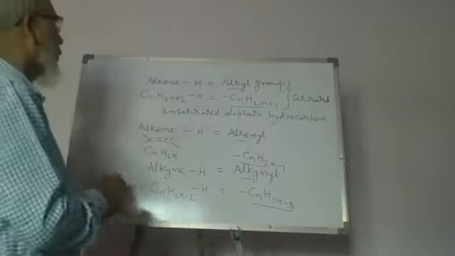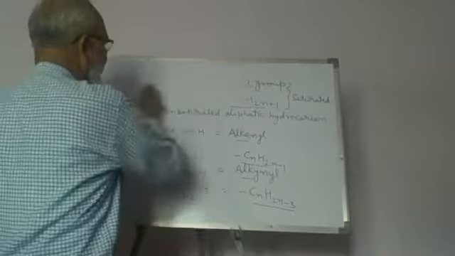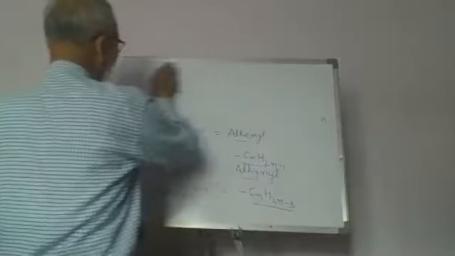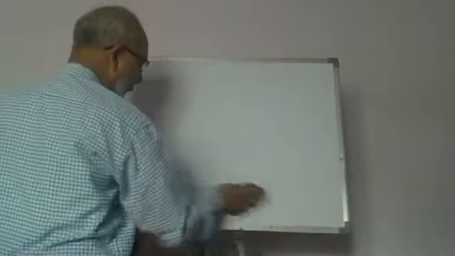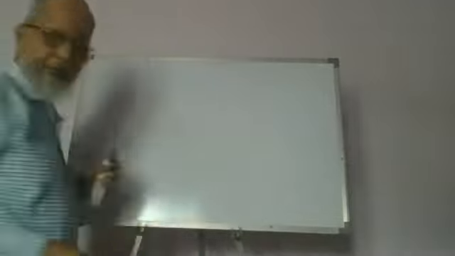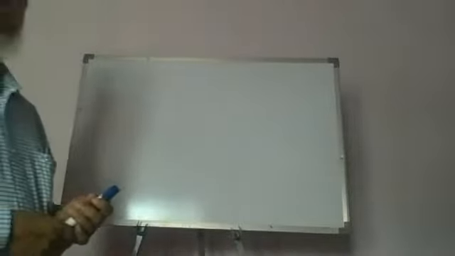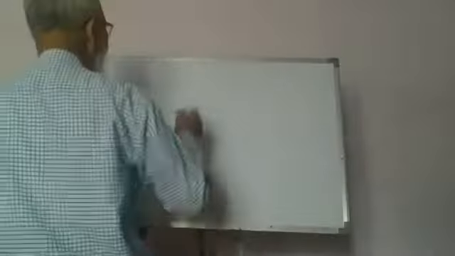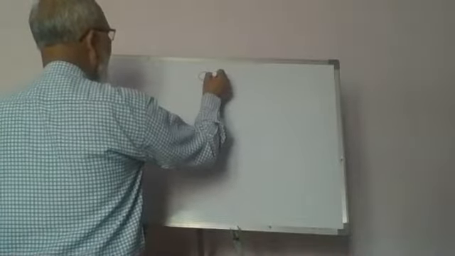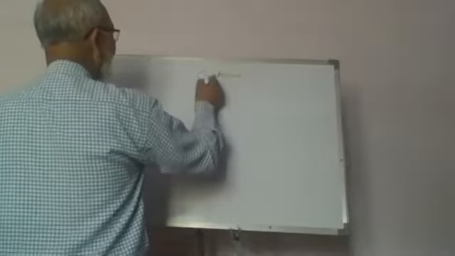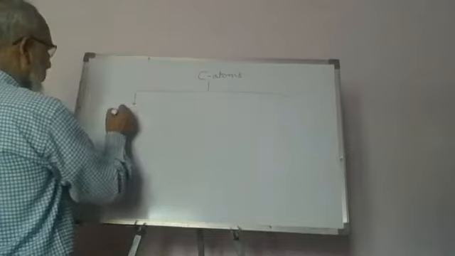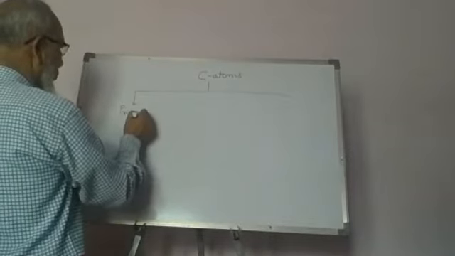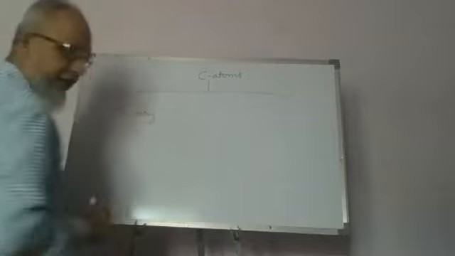Now we shall take the alkyl group and see what are the different kinds of alkyl groups and how are they named, and for that we should know what are the different kinds of carbon atoms. Carbon atoms may be of four different types. Primary, which is also called 1 degree.